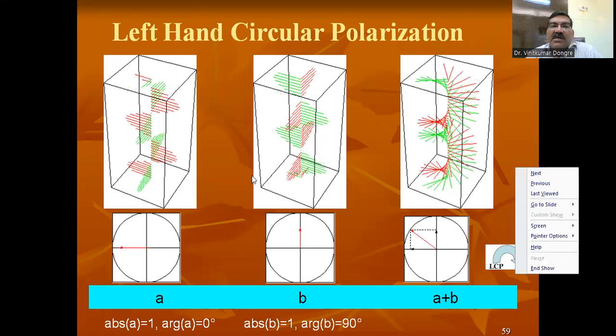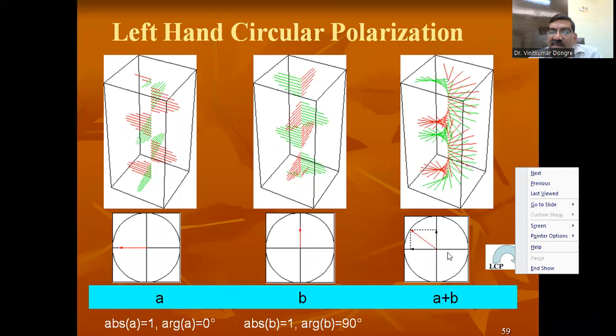Now you can see, this is angle 0, with the same magnitude, and this is angle 90 degrees. Both are projected here. This horizontal polarization has angle 0 and this vertical has angle 90 degrees, so the phase shift between these two is 90 degrees. This is the vector addition.